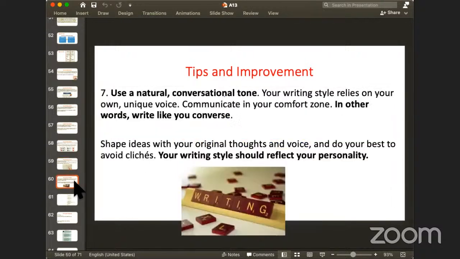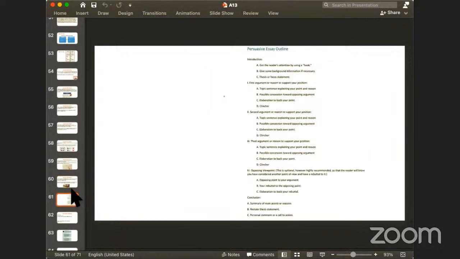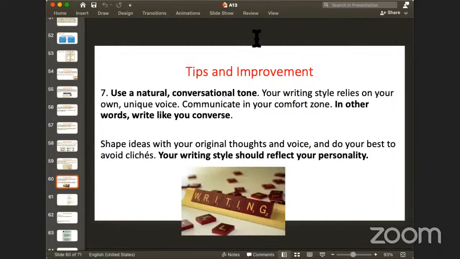So that's what's important. Next topic, and yes, the final one, is to use natural conversation tone. Imagine that you're writing for a friend, and you want to sound unique. Don't try to copy other people's style, even though it could inspire you to write in a certain way.